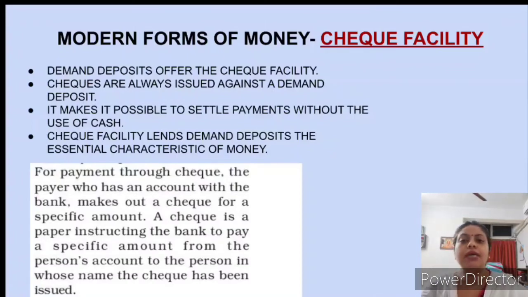Suppose I go to a bank and open a demand deposit account and deposit money there. If I want to transfer some money from my account to someone else, to make a payment, I will be using the facility called a checkbook.